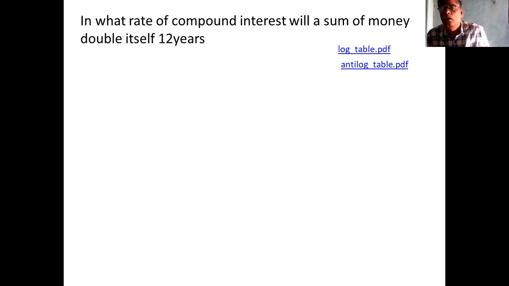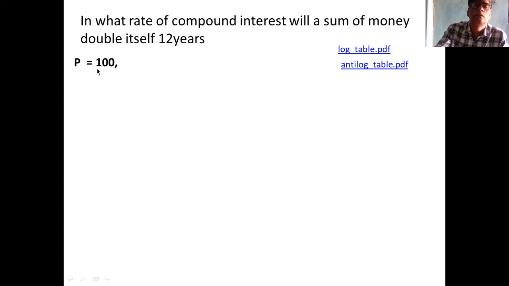I think I solved two or three problems like this. What did I do in the previous problem? Anyone tell me? Principal 100. That principal will double.